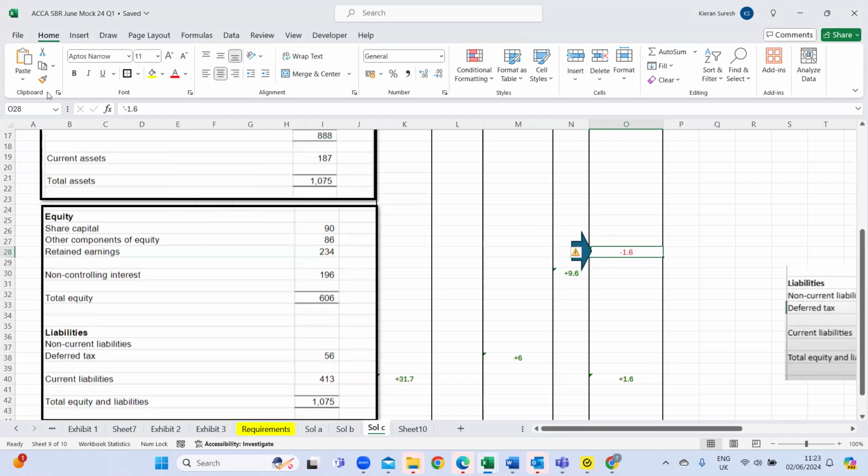That's the entry that we have done with respect to this increase in the deferred consideration within the current liabilities. And then we have the retained earnings, which is the decrease.